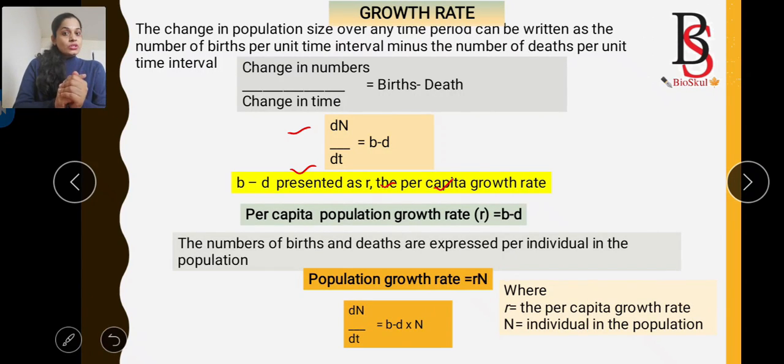But if the question is about the population growth rate, then the formula is rN, r multiplied by N, as the birth and death are expressed for individuals in the population. So what is the formula? dN by dt equals B minus D multiplied by N.